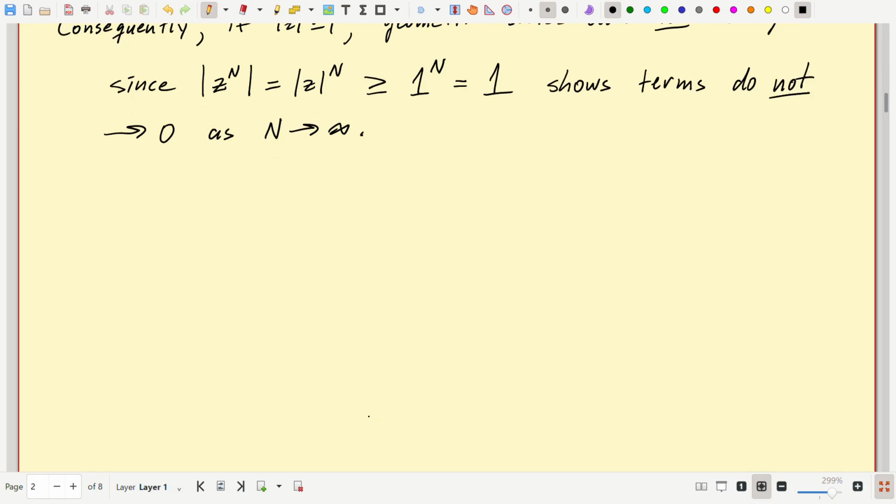I thought this would be a good moment to take some time to do something really interesting, to talk about the power of the complex exponential and the de Moivre formula.